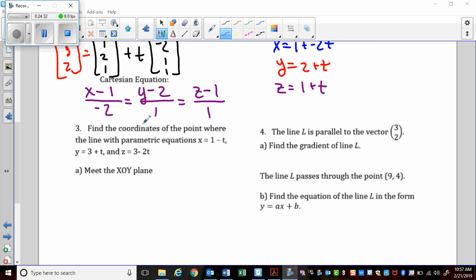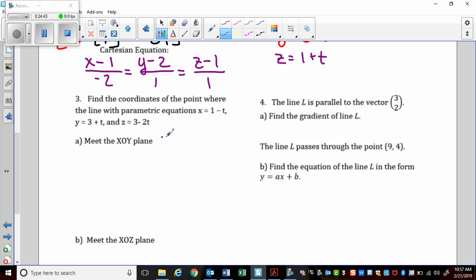Okay, let's go over number 3. It says find the coordinates of the point where the line with the parametric equation meets the xy plane. On the xy plane, z equals 0. Okay, so I know that z equals 3 minus 2t, but z itself is 0. Well, now I just have one variable and I can solve for this.